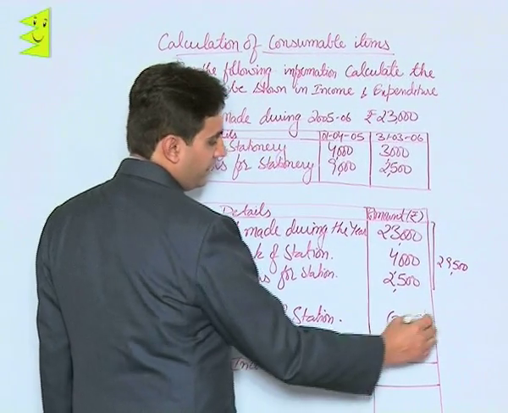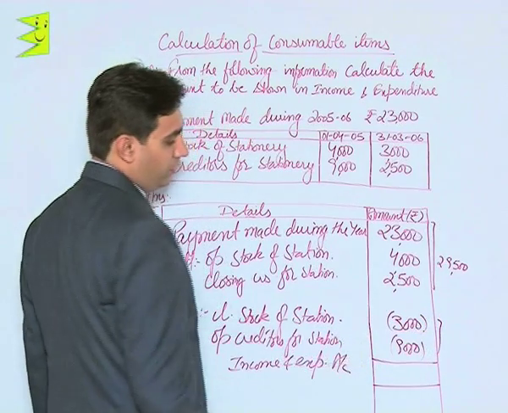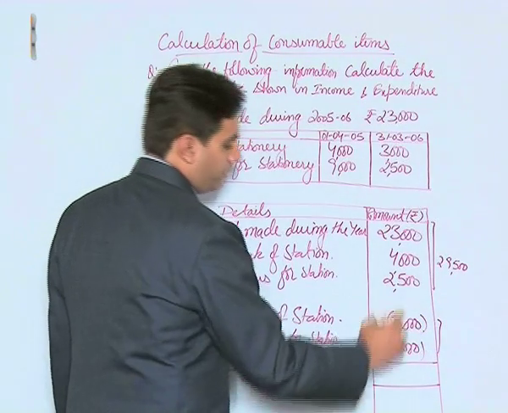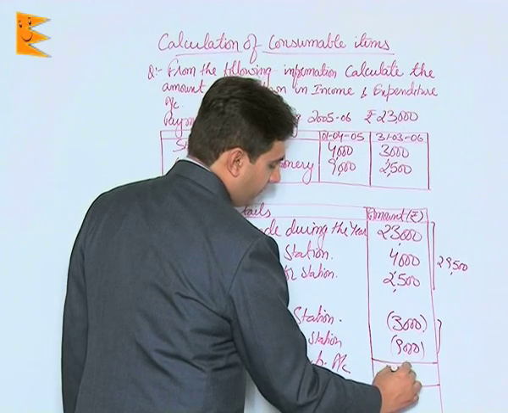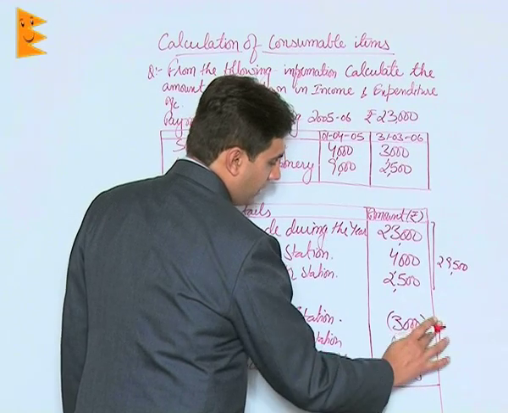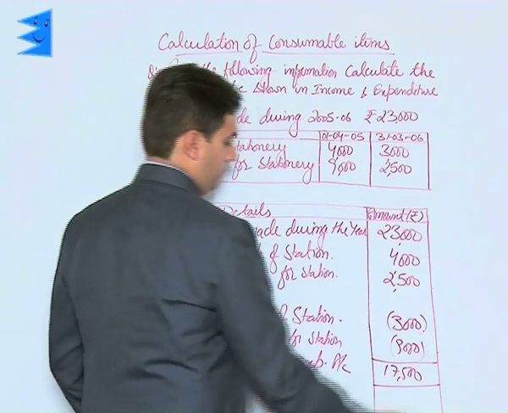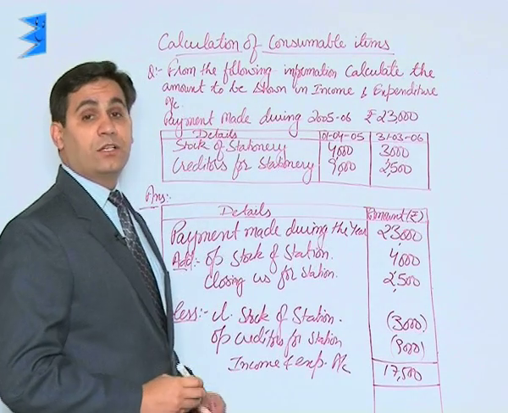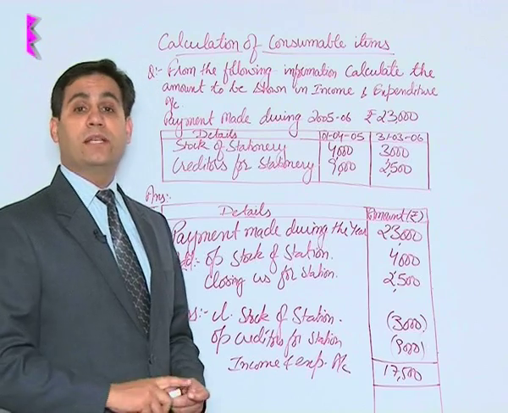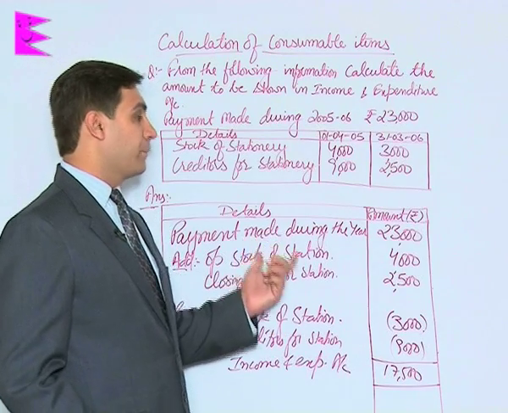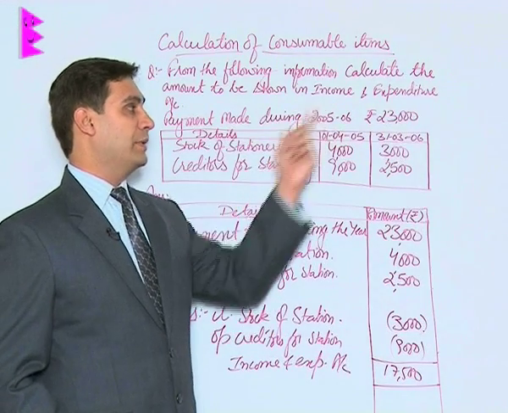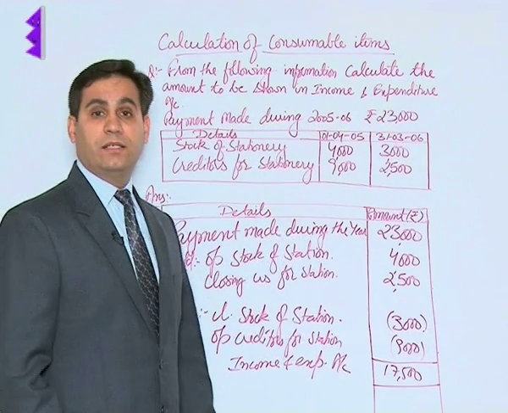Out of this we will deduct 12,000 rupees. So the balance would be 17,500. Remember, you do not have to show it. So students, 17,500 is the actual expense for stationery which should be charged to income and expenditure account for the year 2005 and 6.